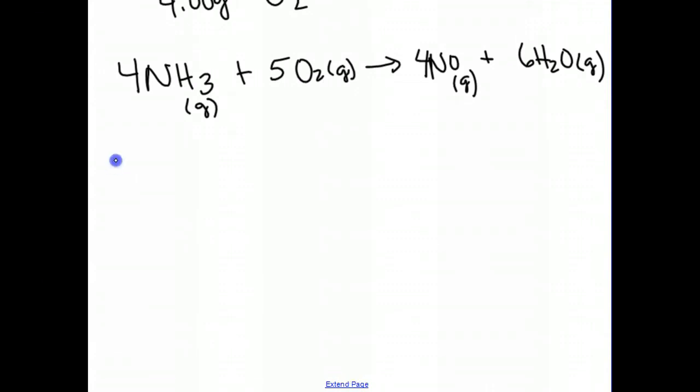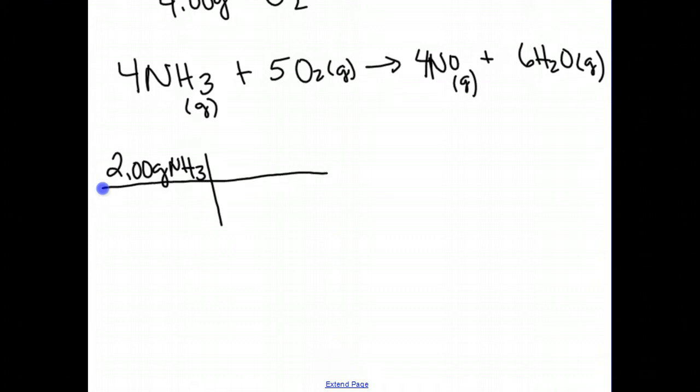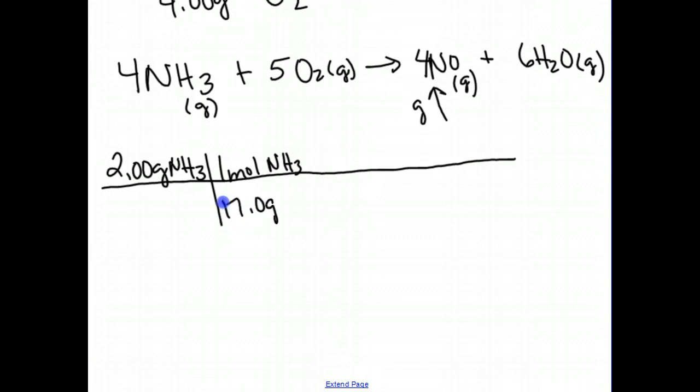So we're going to say we start off with 2.00 grams of NH3, and we know from our stoichiometry that we are not needing grams of NH3. Instead, we're needing to find grams of NO right here. So we're going to multiply that times 1 mole NH3 over 17.0 grams NH3.